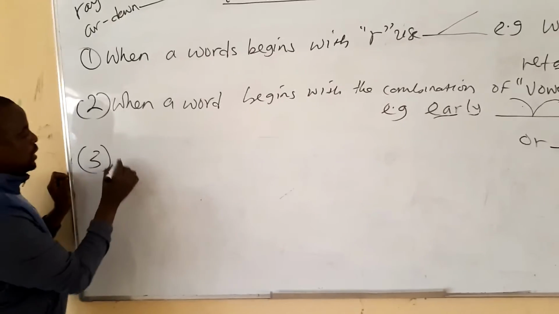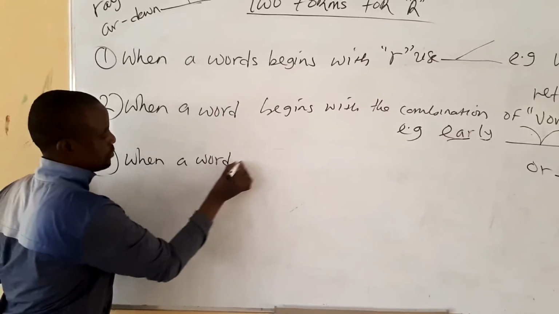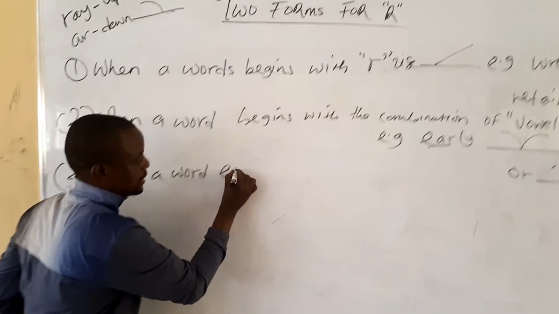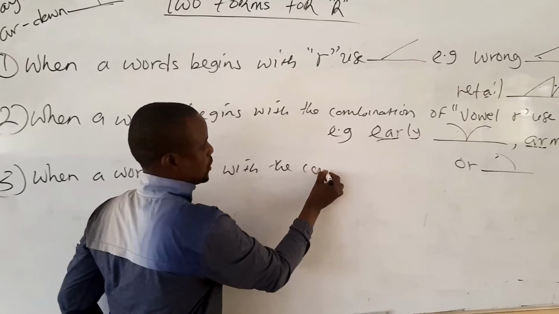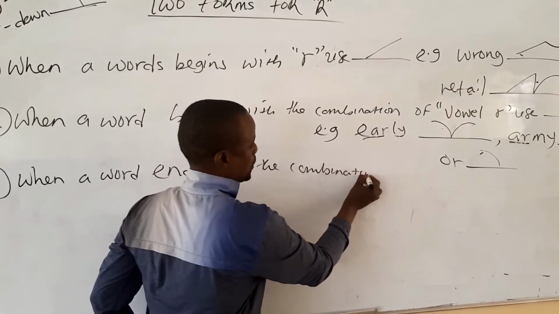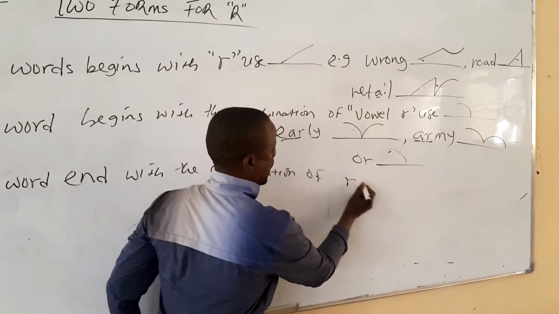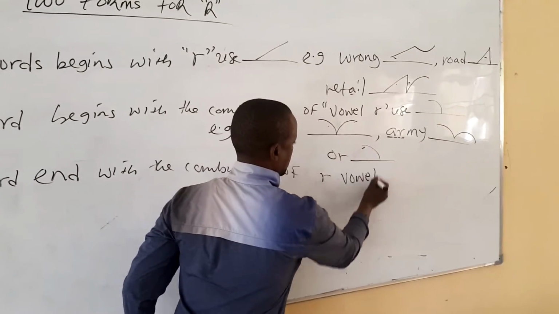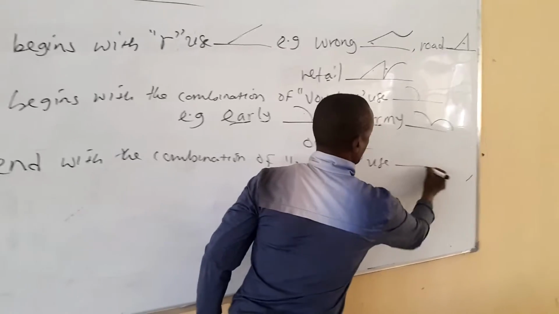For instance, number 3: when a word ends with the combination of R vowel, use array of.